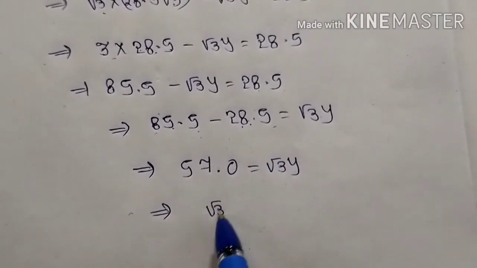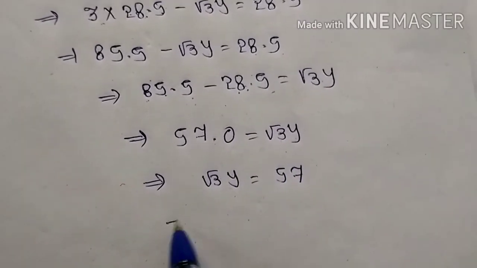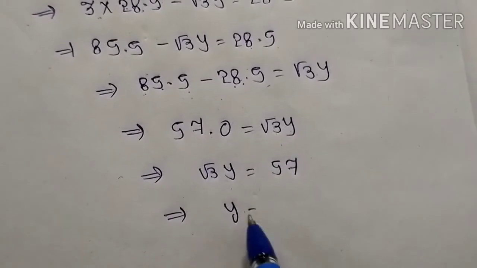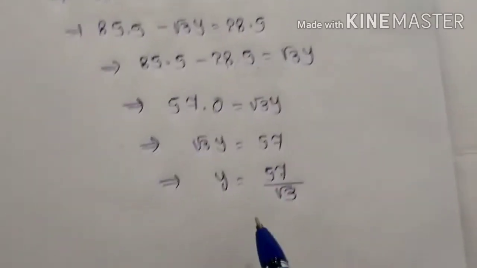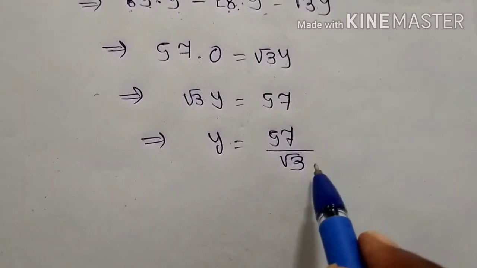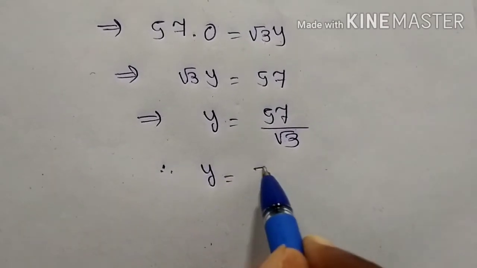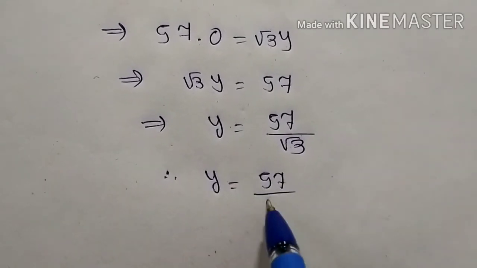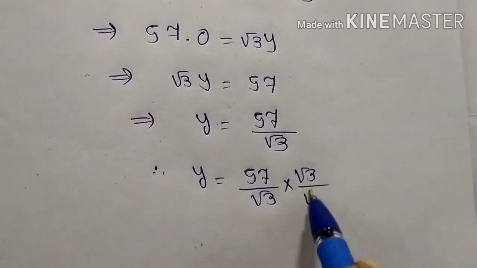Implies that means root 3y is equal to 57. Implies y is equal to how much? 57 by root 3. You can rationalize the denominator. Therefore, y is equal to 57 by root 3 into root 3 by root 3. Yes or no?